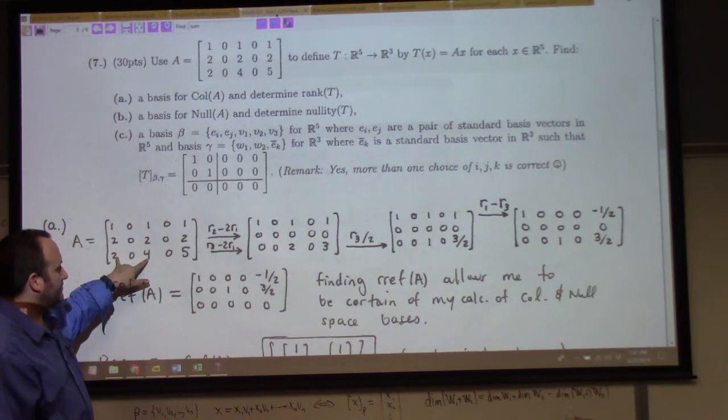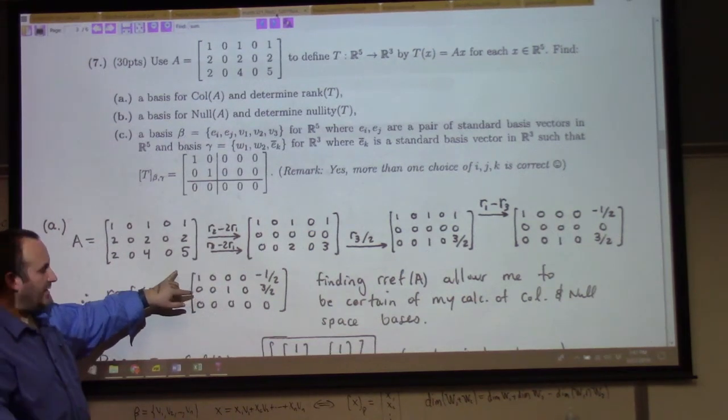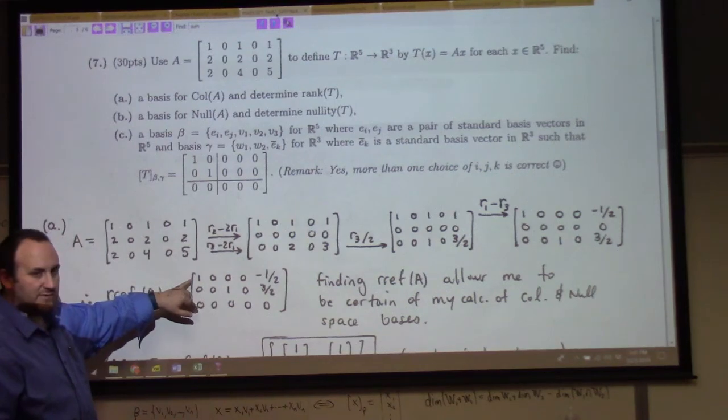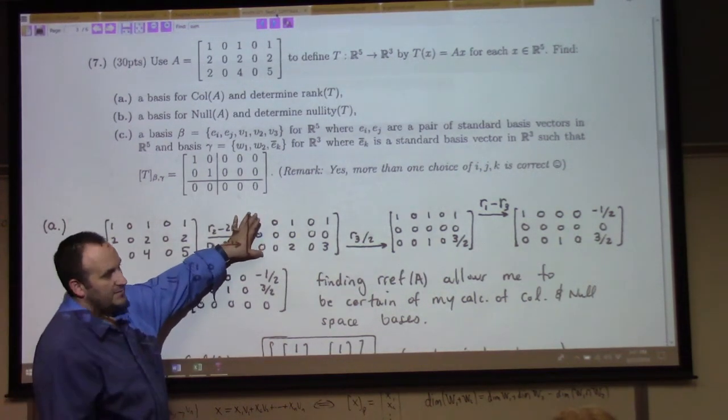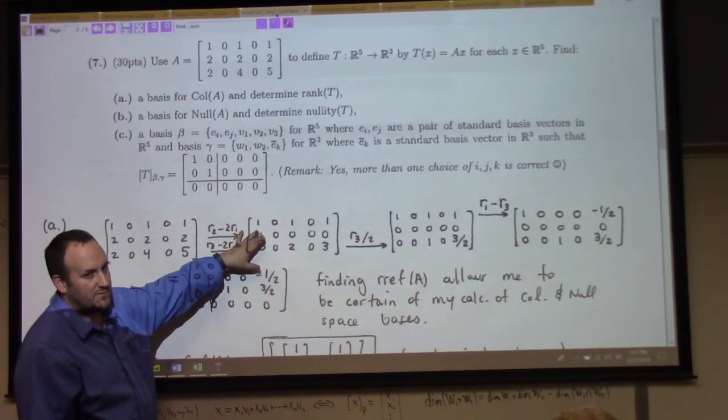But the good thing about getting to this point, or the point you got to, even if you were just one step short, is the null space. If you stop here, you might get confused about the role of the free parameters in the null space.